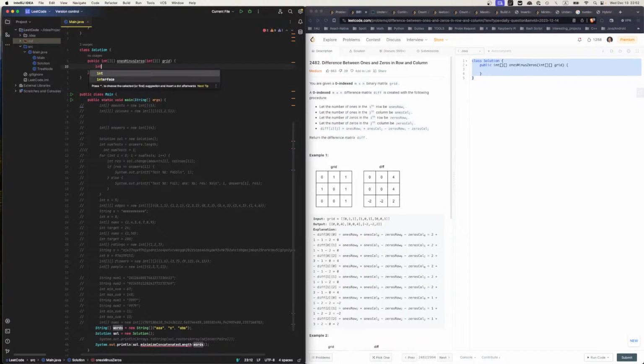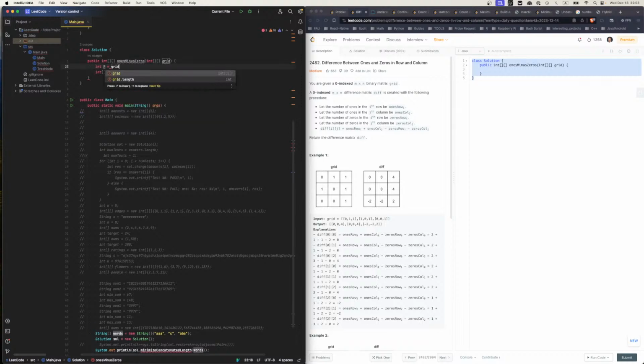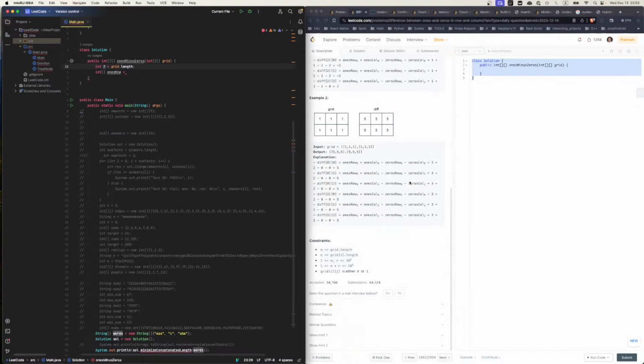All right, so we need the count of ones for rows, so let's just call it onesRow. Before that, we need the grid length, m. Is it good? Yes, at least one.